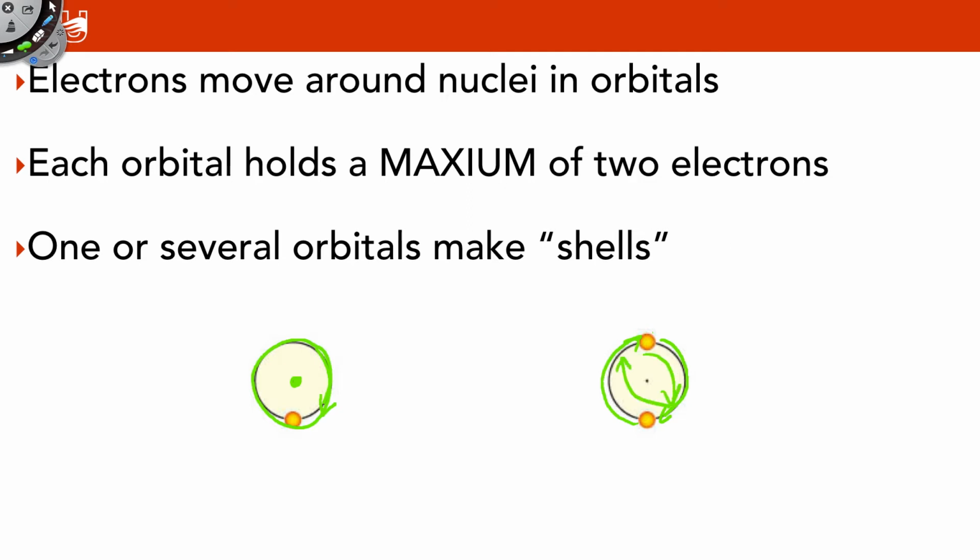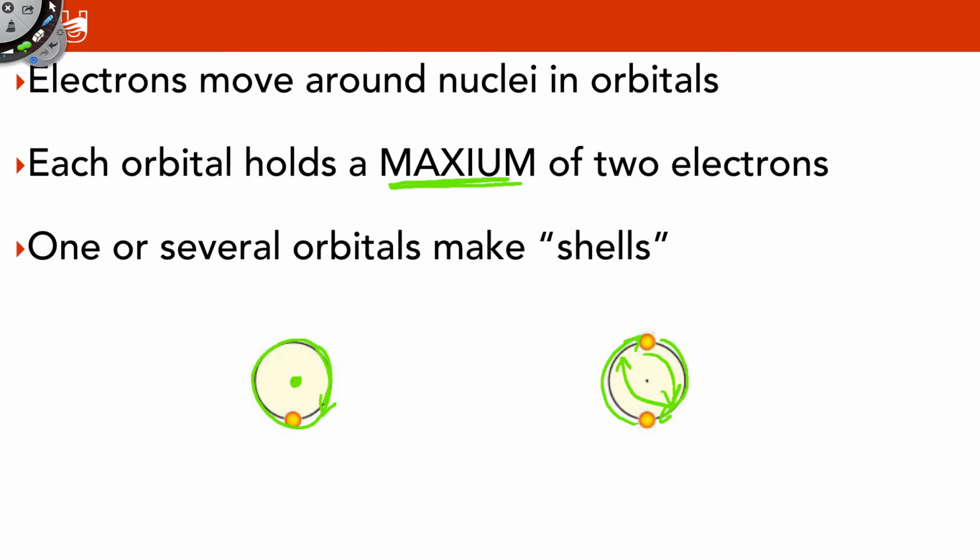An orbital can have a maximum of 2 electrons. An orbital can be empty, have 1 electron, or have 2 electrons. But past that, we cannot have any more electrons in these orbitals.